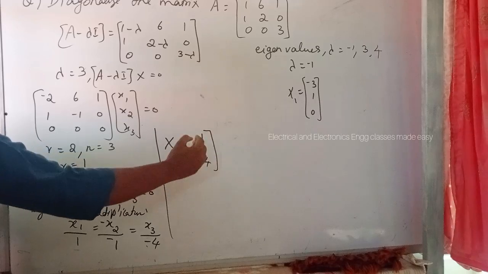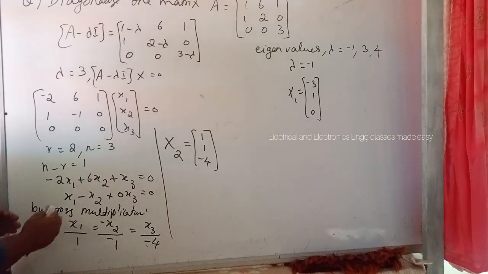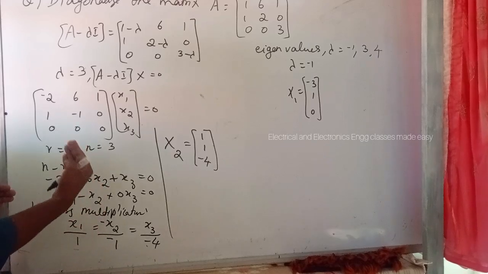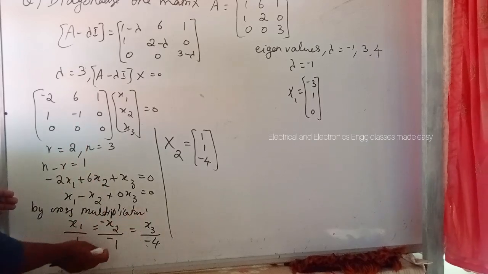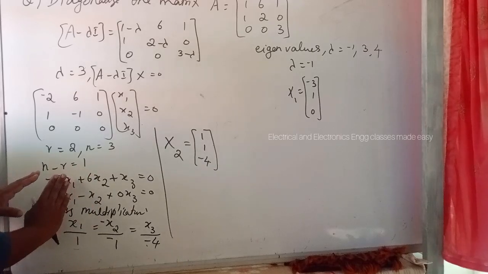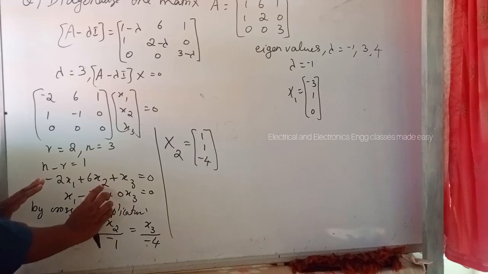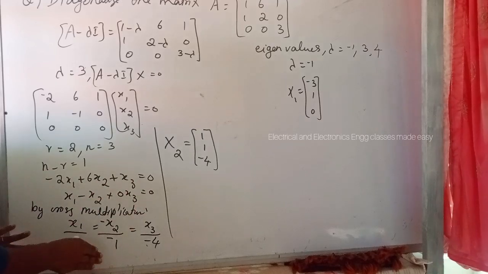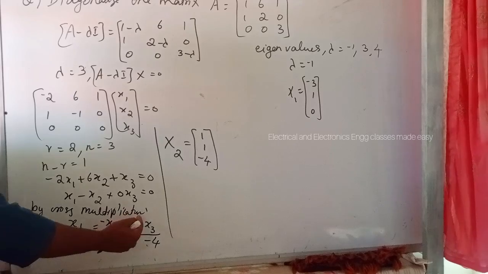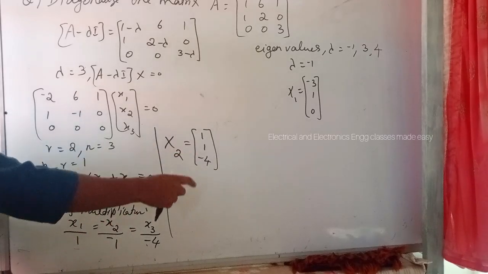So here we got the eigenvector directly, by cross multiplication. We can find the values of x1, x2 and x3 very easily. While considering x1 we consider the x2 and x3 coefficients, then this is plus, next negative, then plus, like that. So x is equal to 1, 1, minus 4.